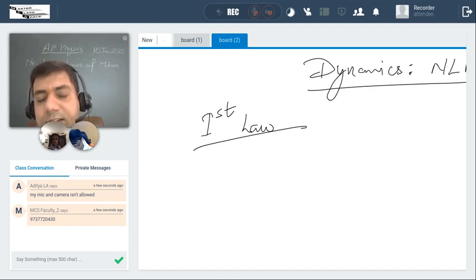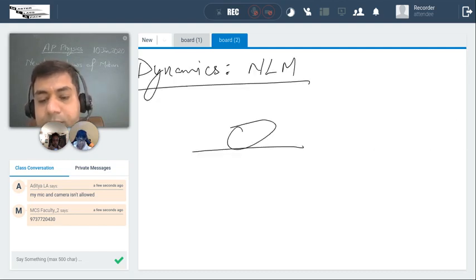First, the expression. You already know, I don't even need to write it. A body at rest remains at rest, or a body in motion remains in motion, unless some external force is applied on it. If a body is at rest, that means velocity is 0.